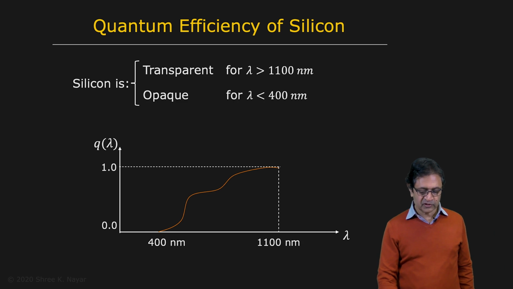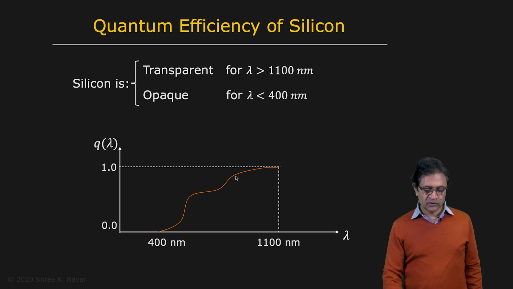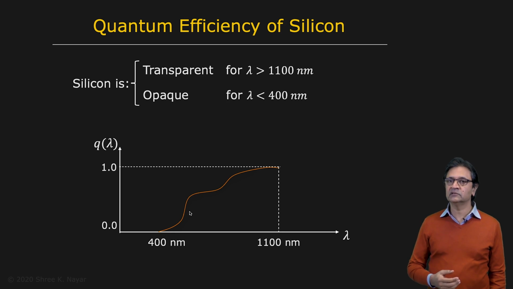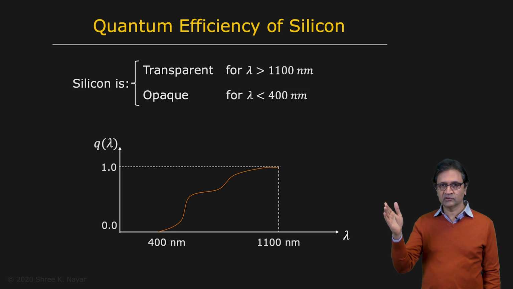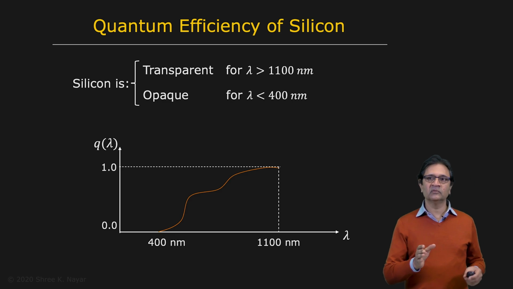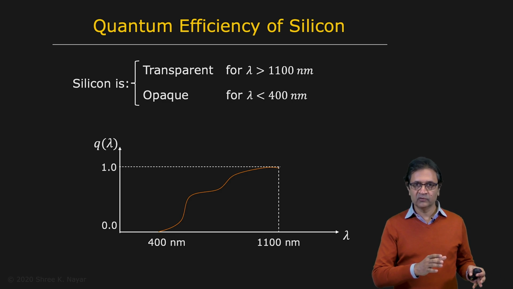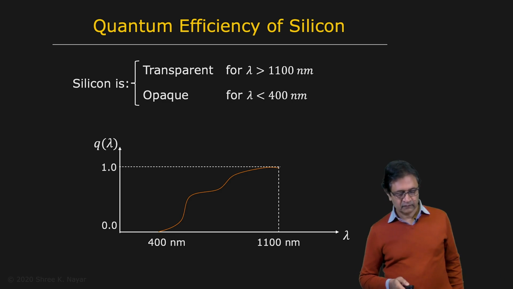But this quantum efficiency begins to fall as you go down in wavelength, and somewhere around 400 nanometers, it drops to almost 0. So one can say that silicon is virtually transparent for wavelengths above 1,000 or so nanometers, and it gets almost opaque for wavelengths below 400 nanometers.